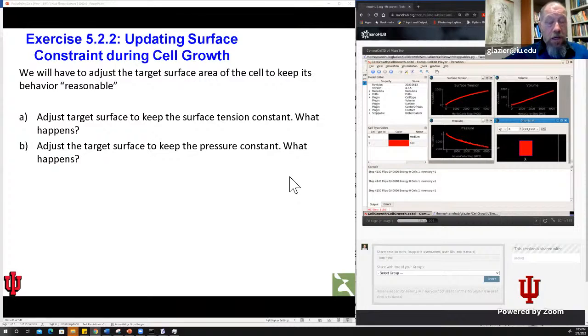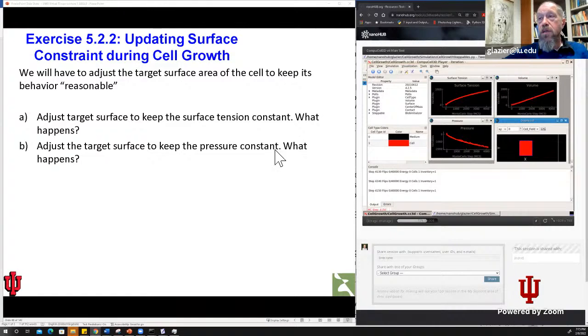And so if we're going to have the surface area constrained along with the volume, then we have to have a sense of what's reasonable. And so we're going to have to adjust the target surface, one way or another, to keep things constant. One way to do it would be to adjust the target surface to keep the surface tension constant.